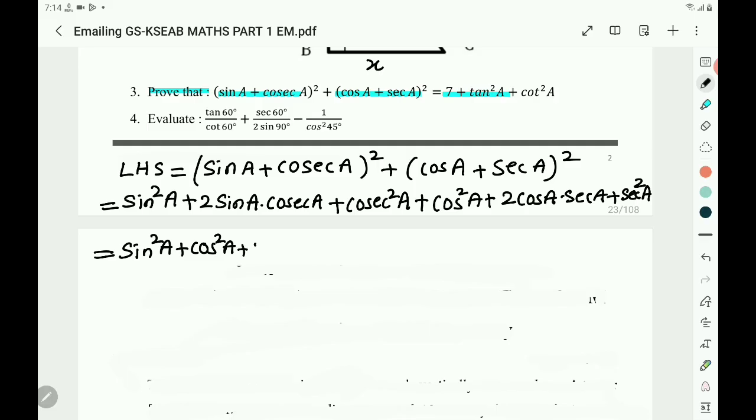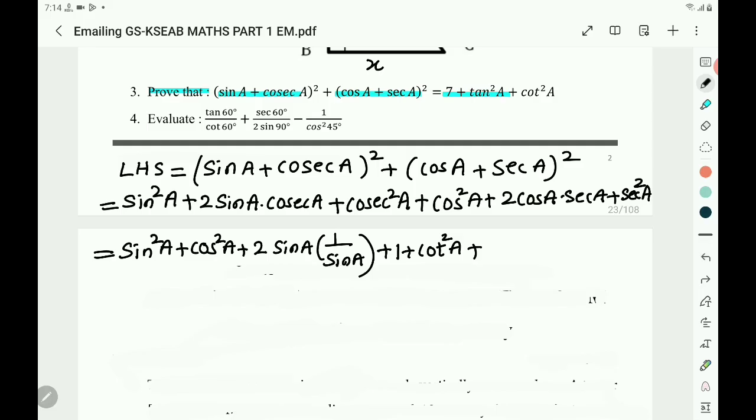So plus 2 sin A, and cosec A can be expressed as 1 by sin A, into 1 by sin A. Plus, in the place of cosec square A, write 1 plus cot square A. This cos square A is taken here together with sin square A.